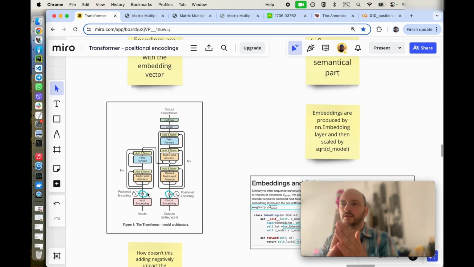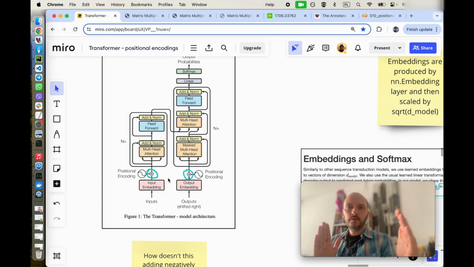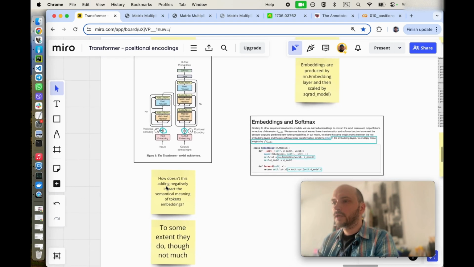Initially I thought that encodings are concatenated, for example, we have an embedding vector of 512, and we add a 512 encodings vector to the end, so that we have 1024 values in the input. But in reality it's not. They're just summed to the corresponding components, so that if you have an embedding of 512 and an encoding of 512, the result is 512, summed up component by component, number by number.